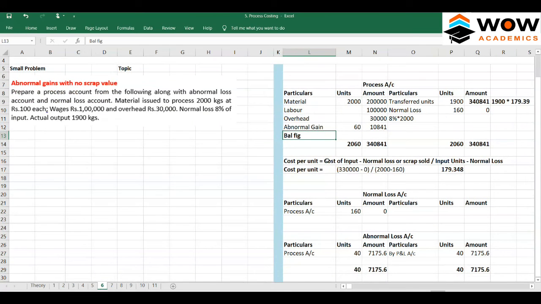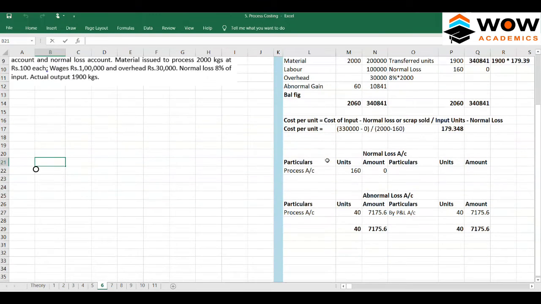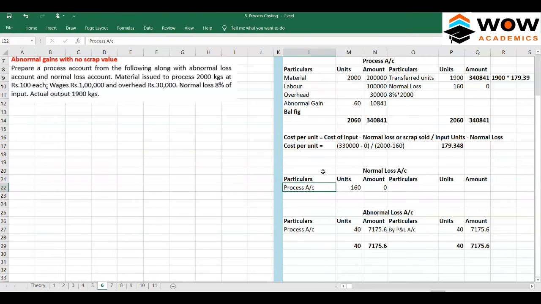So the next step is to find out the normal loss. The normal loss is going to be 160 units. And the abnormal gain that we have has to be transferred. So that goes to this side, and we'll amend the numbers.